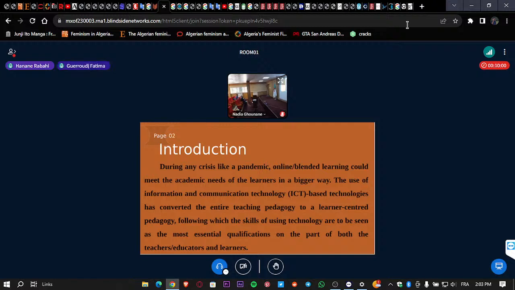The use of information and communication technology, ICT-based technologies, has converted the entire technology-based pedagogy to a learner-centered pedagogy, following which the skills of using technology are to be seen as the most essential qualifications on the part of both the teachers, educators, and learners.